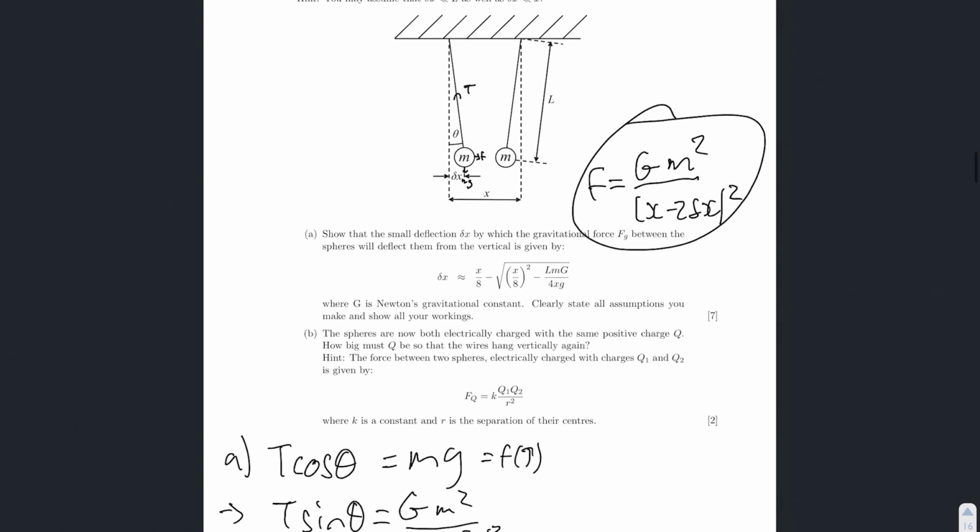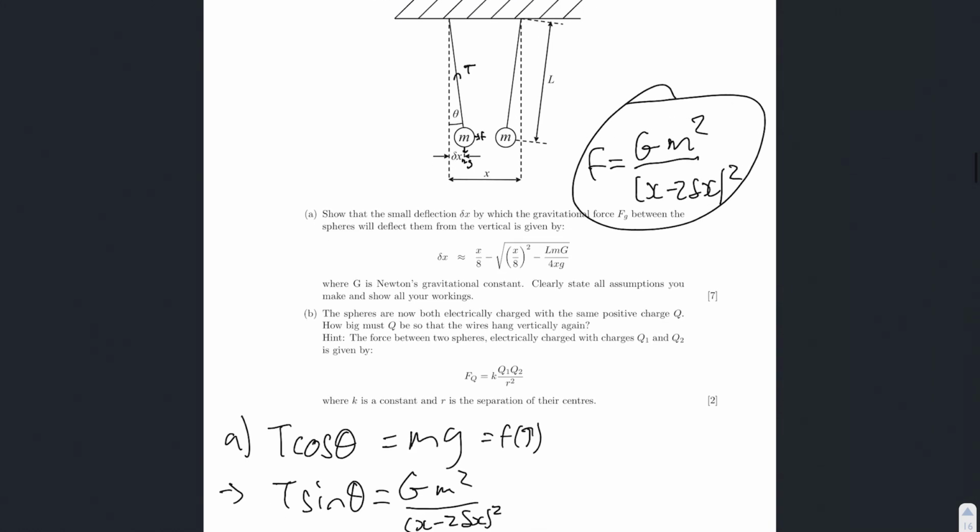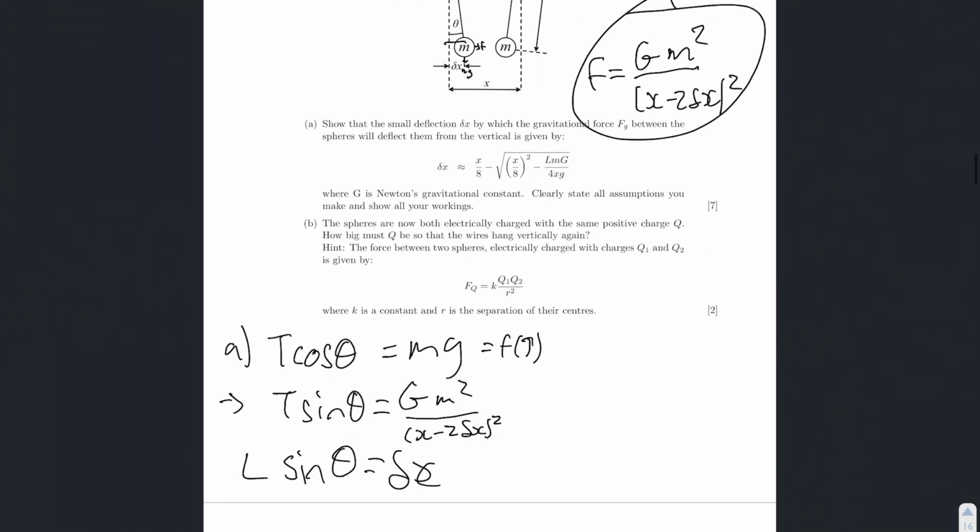We also know that from this triangle here, L sine theta equals delta x. So delta x over L equals sine theta.